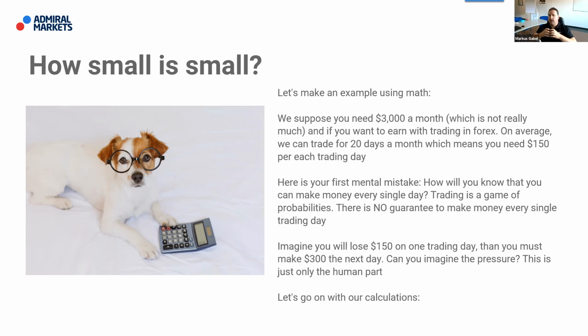Yes, it's okay, but it's not really much. So let's suppose you need 3,000 a month. And if you want to earn with trading in Forex, on average, we have 20 days a month we can trade, which means we need $150 per trading day.